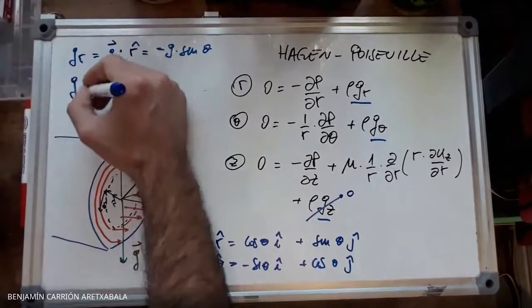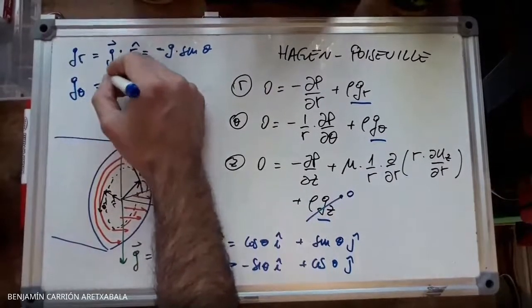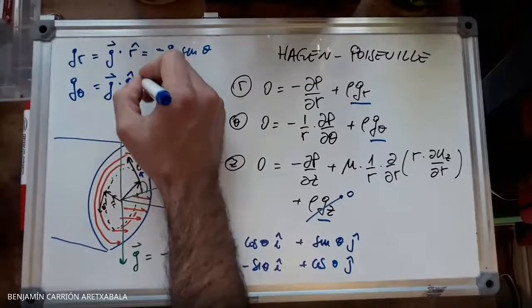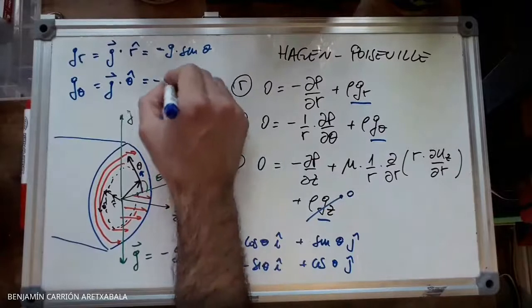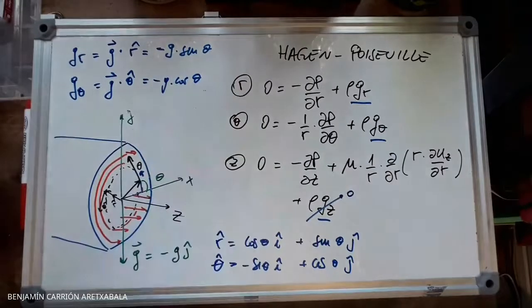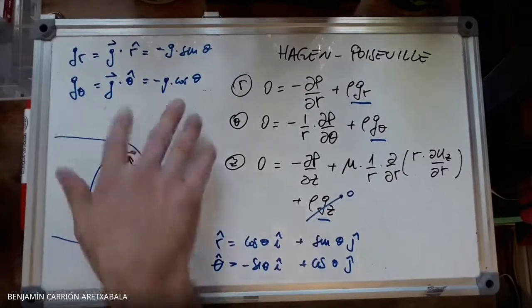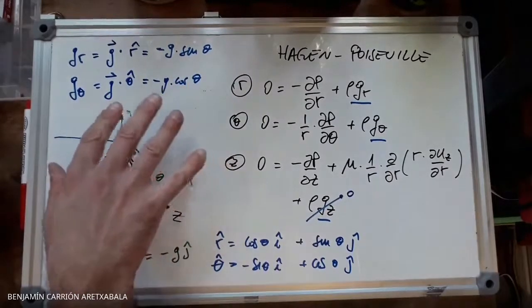And g theta, same thing, is going to give us minus g cosine of theta. Okay? Is this clear or not?